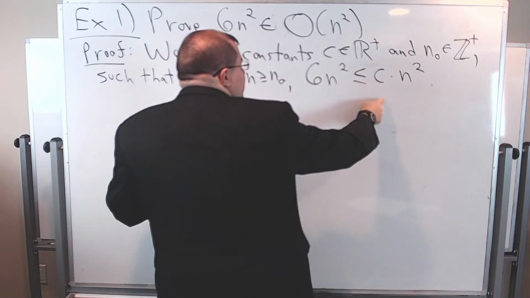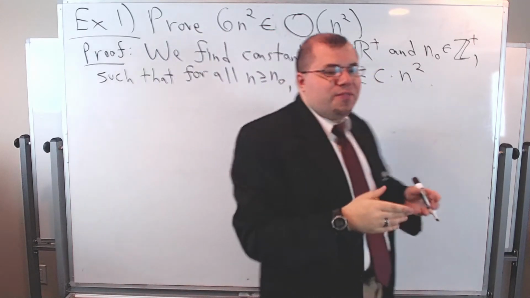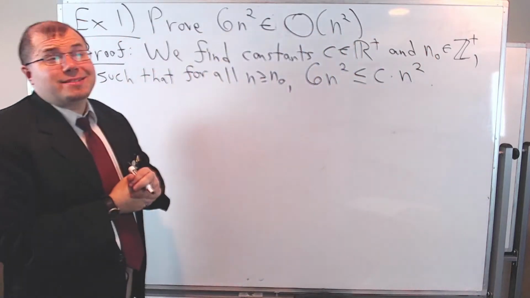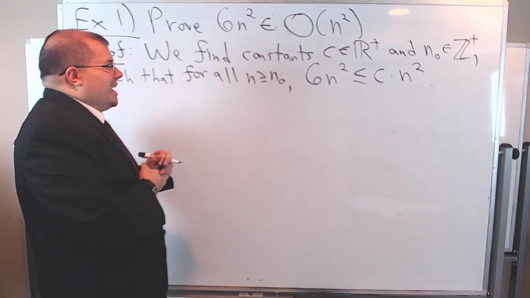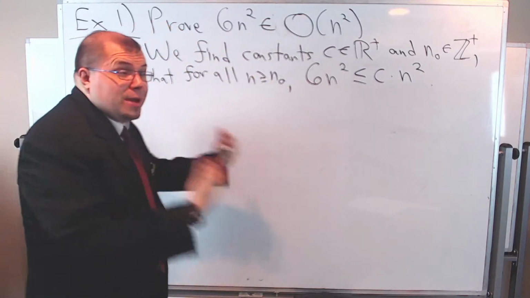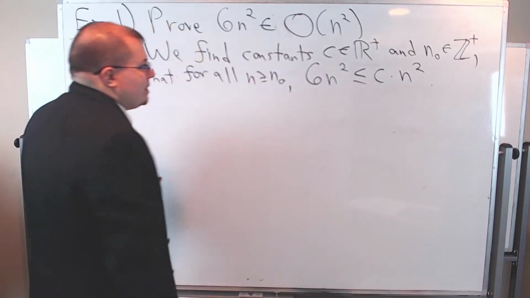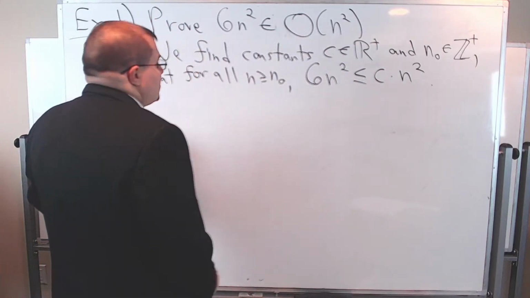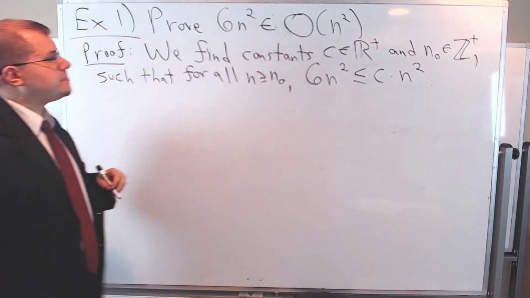So oftentimes you rescale it appropriately so that you can find an appropriate n0. Later on I'll give you a cookbook approach, a way you can get c every single time without having to think about it very much, at least. So what should I pick as c?